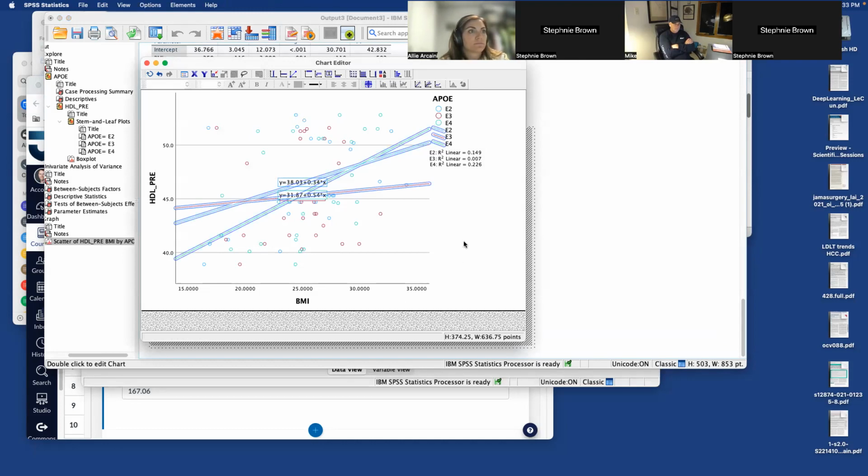Actually, that's interesting. They shouldn't cross like that because that wasn't in the model, but they must do this a slightly different way. All right, so now they should be parallel.